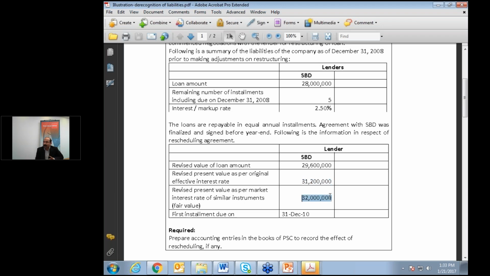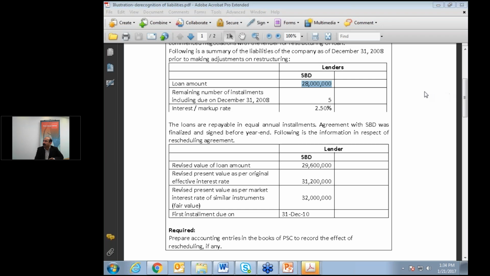So this is not relevant. Again, revised value of loan account is not relevant. So this will be the relevant figure, which is present value as per the original effective interest rate. This is the loan value without taking into account the change in the terms.